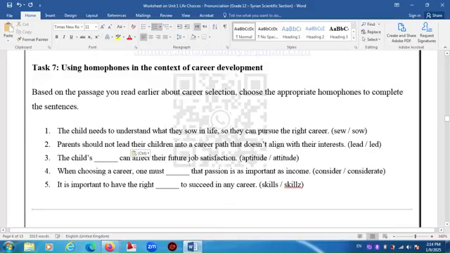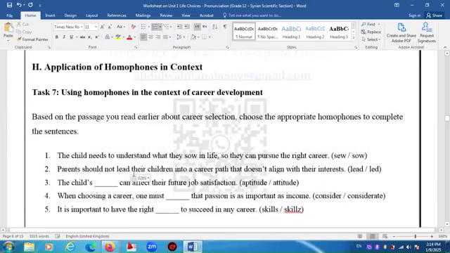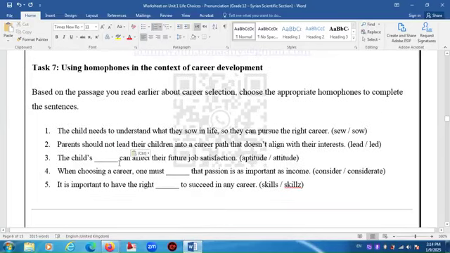"The child's aptitude can affect their future job satisfaction." Is it aptitude or attitude? According to our text, it is aptitude. Attitude is behavior, aptitude is skills.